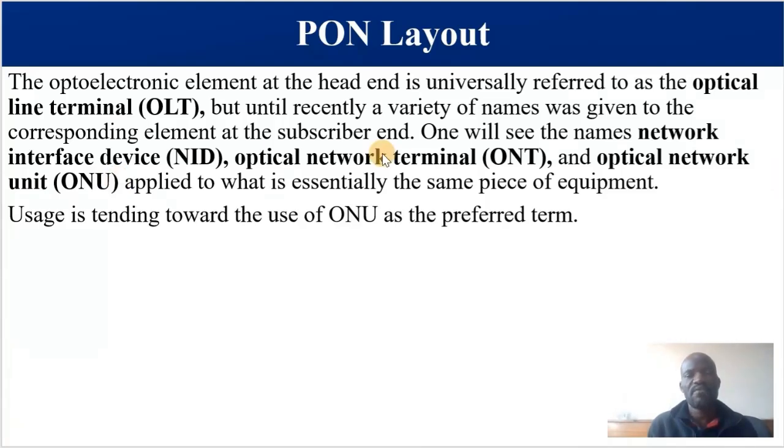These all refer to equipment found at the subscriber's premises. Of all three, usage is tending towards ONU. This is now accepted as the preferred term for the equipment found at the subscriber's place. ONT and ONU are used interchangeably, and also network interface device.